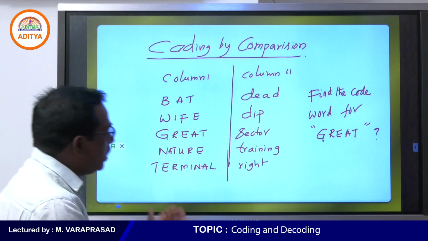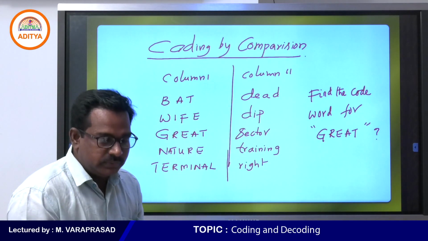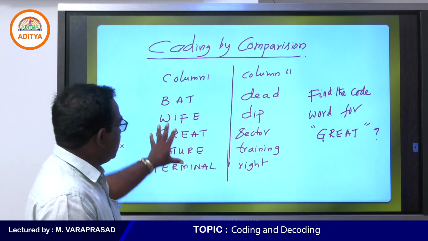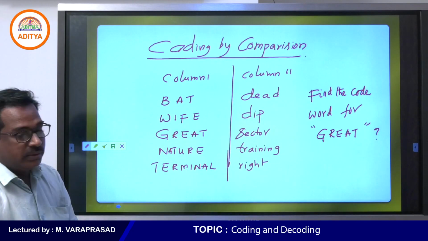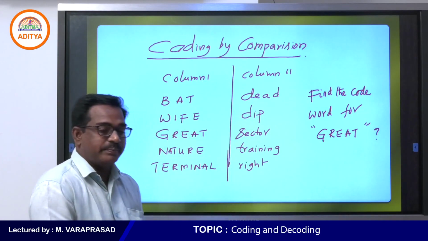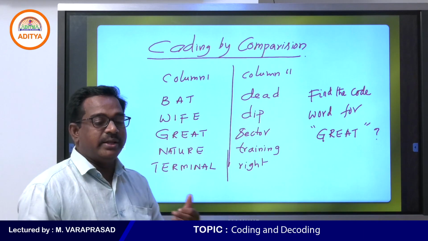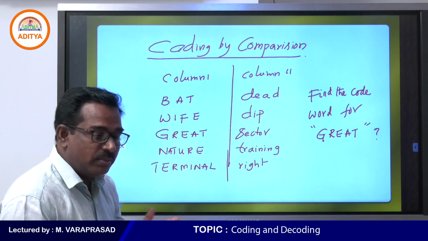Yes, in the column 1 words are given, in the column 2 codes are given. Coding by comparison we are doing now. So words are given, codes are given, and it is asking what is the code word for great. So this one is not the code for this one, they are in jumbling order. The codes are in jumbling order, you need to verify when giving the answer for great.